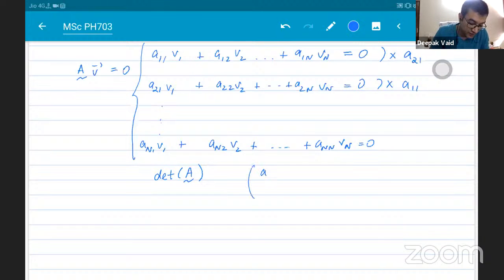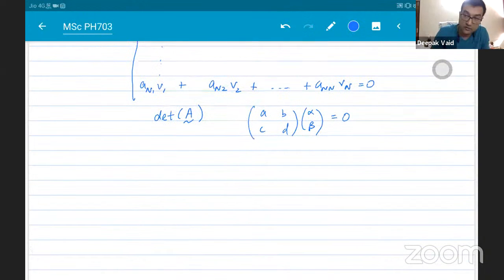You can see this for the case of a two-dimensional equation. So if you are in 2 dimensions, alpha and beta are your unknowns. So your linear equations become this.